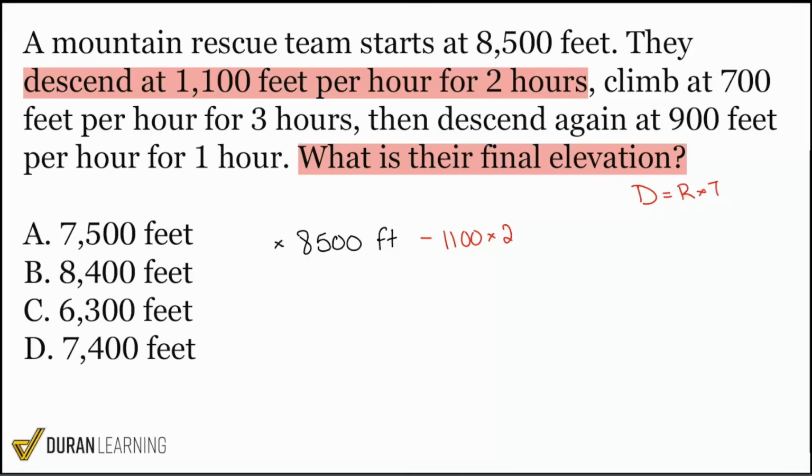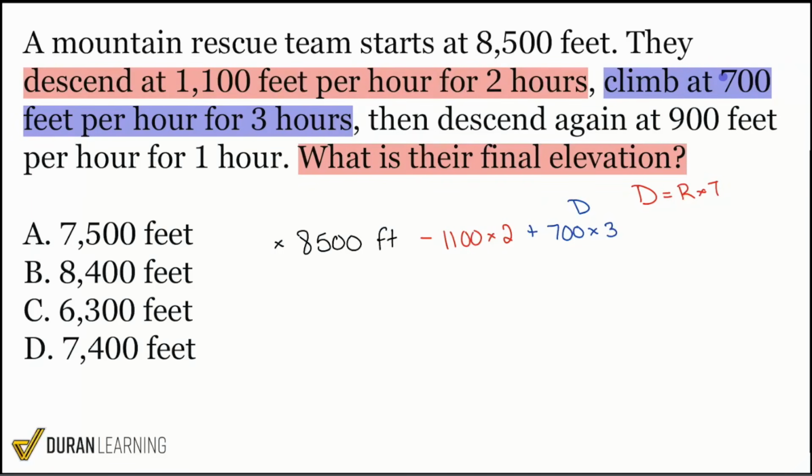So here, climbing at 700 feet per hour for 3 hours, I will highlight that there in blue. Nice and easy, perfect. And then we'll add 700 multiplied by 3. Again, this is another distance, rate times time.